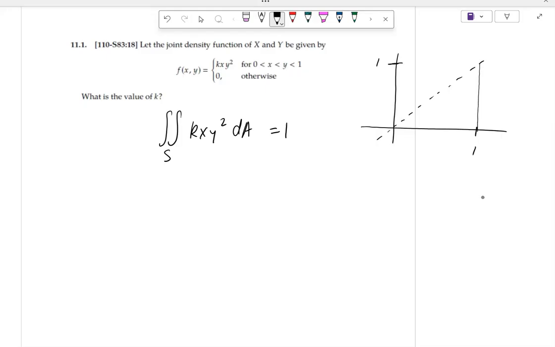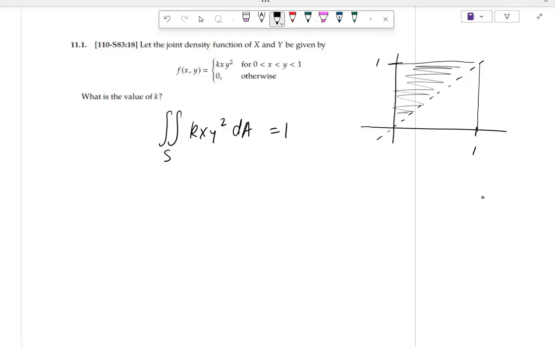Since x has to be less than y, which side should I shade, above or below that dashed line? It better be above it, because that's where the x's are less than the y's.